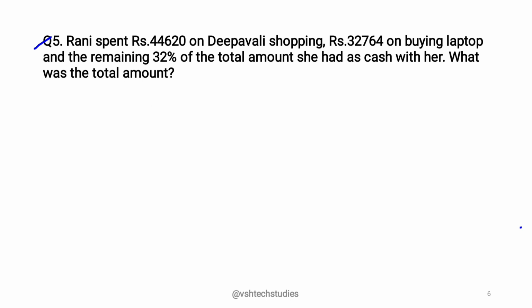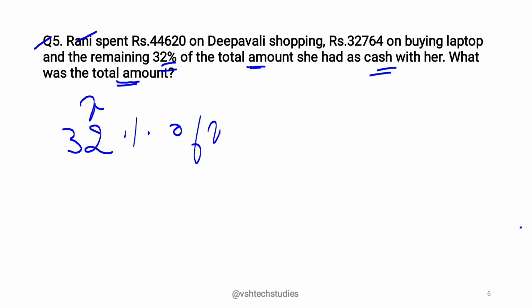We have to find the total amount that Rani had. So what is the total amount of money she had? Let it be X. How much cash is remaining with her? 32% of total amount, that is 32% of X is remaining with her.